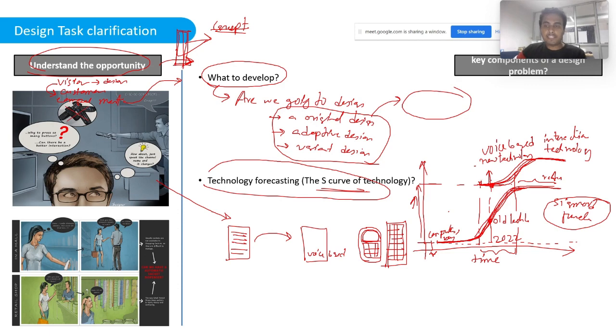So decisions need to be taken carefully to choose a particular technology so that the product remains competitive and is able to capture the market for a longer duration of time.